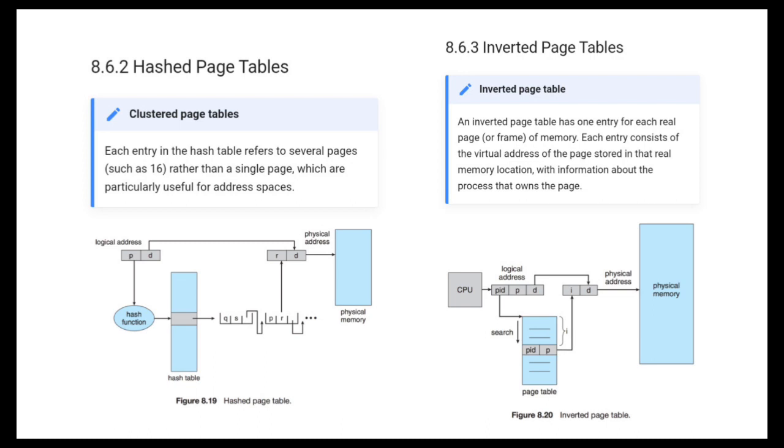Hashing the table can help speed up the search process. Inverted page tables prohibit the normal method of implementing shared memory, which is to map multiple logical pages to a common physical frame, because each frame is now mapped to one and only one process.